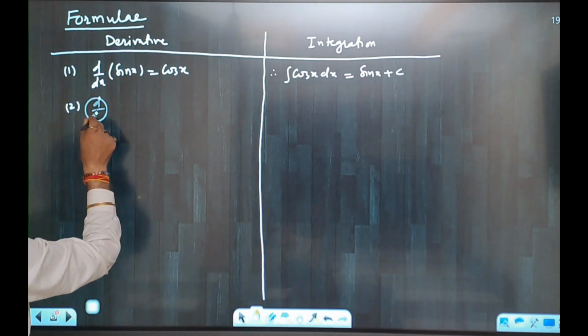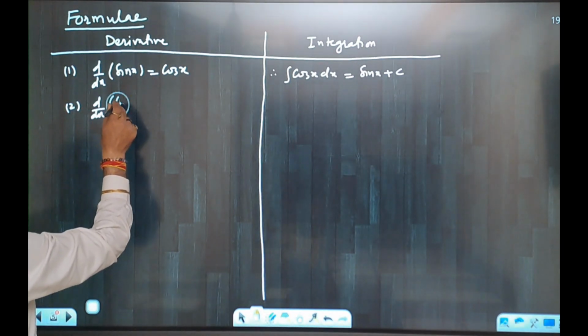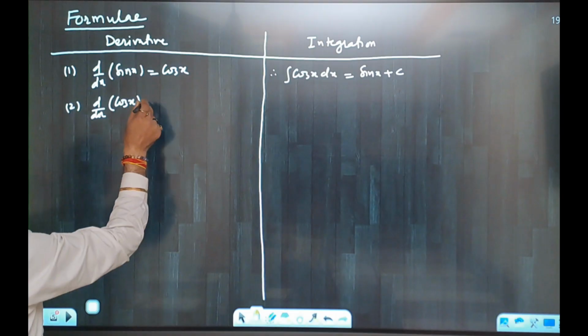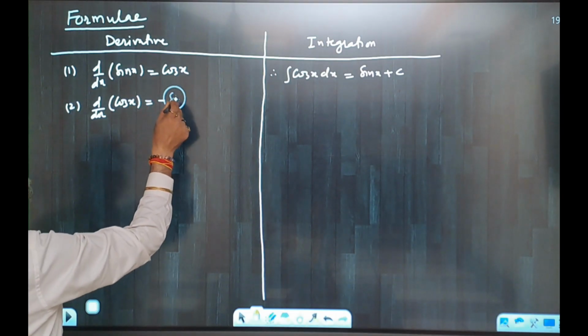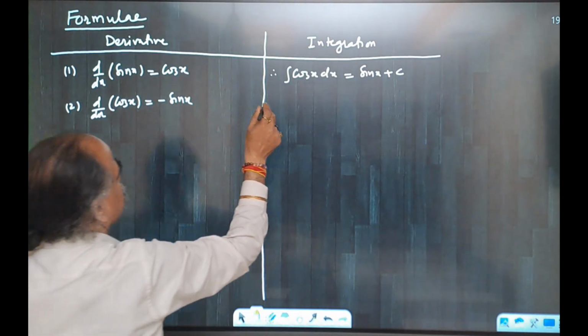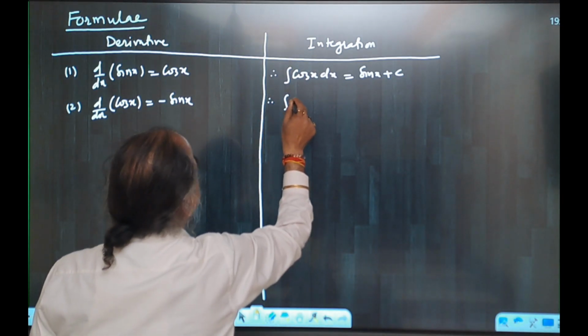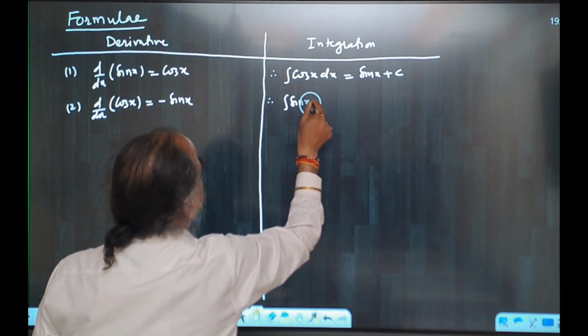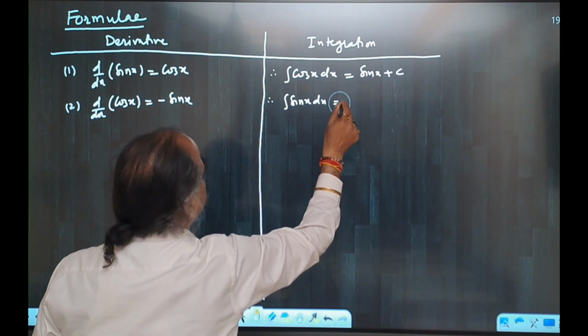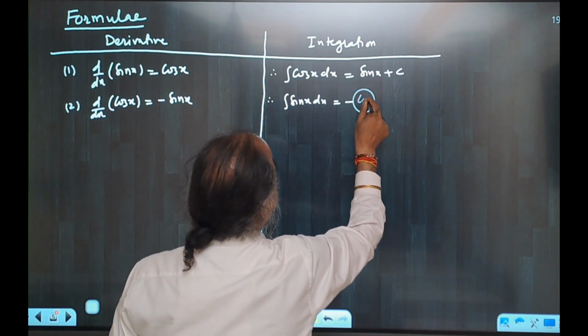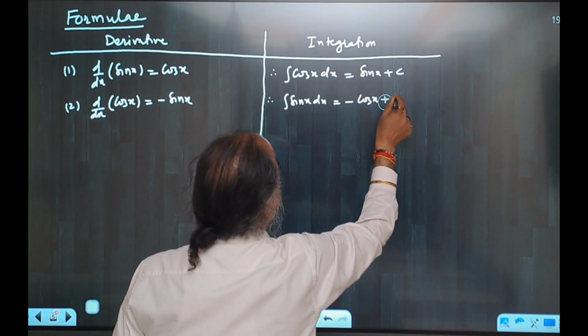Derivative of cos x is minus sin x. Therefore, integral of sin x will be minus cos x plus c.